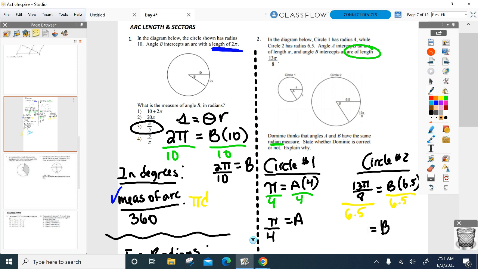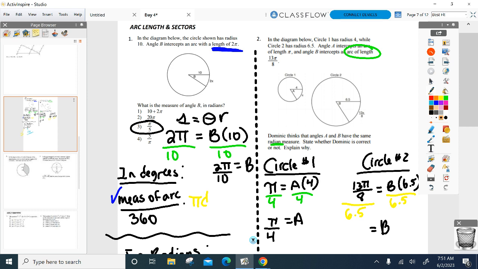Got to put this in a fraction template now. So get a fraction template, go to the numerator of that fraction template, and make a new fraction template. So you can put in 13 pi over 8 in the numerator and keep 6.5 in the denominator, and then compare that to the value of pi over 4.